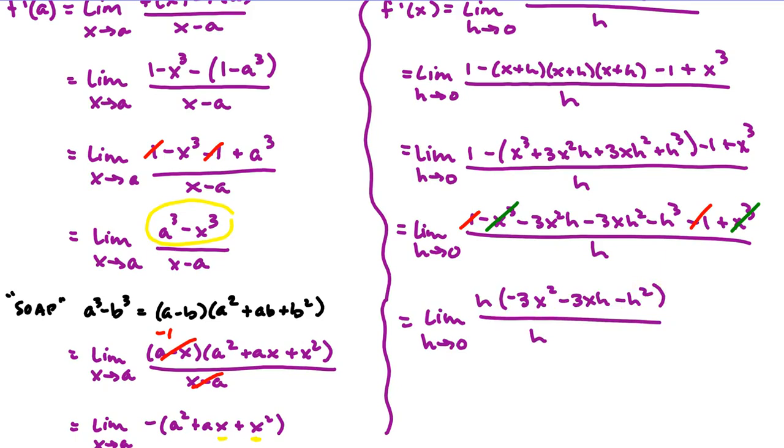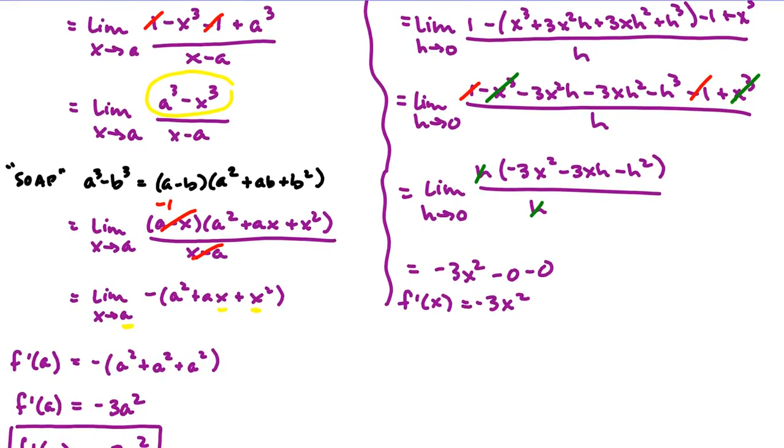And that way we can cancel the h from the top and the bottom. And now we're ready to put 0 in for h. So we have -3x squared minus 3x times 0 minus 0 squared. So we have -3x squared. That's the value of f prime of x. See, we got the same answer, doing it 2 different ways.